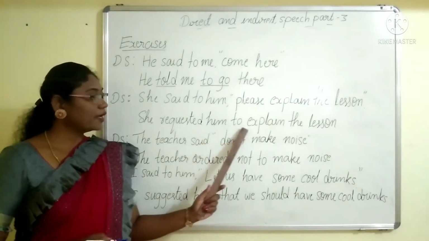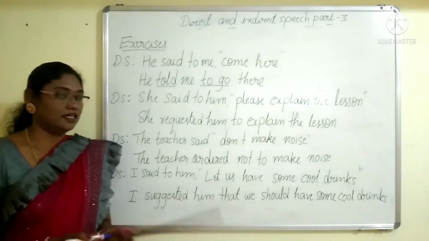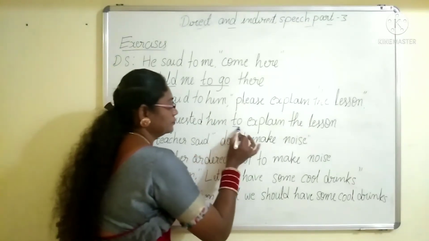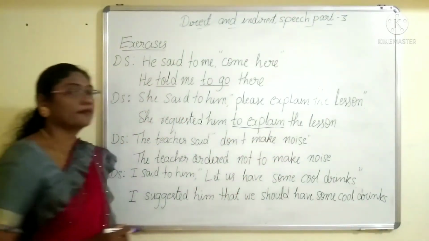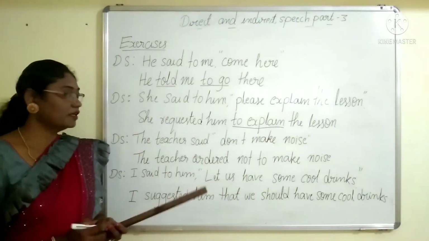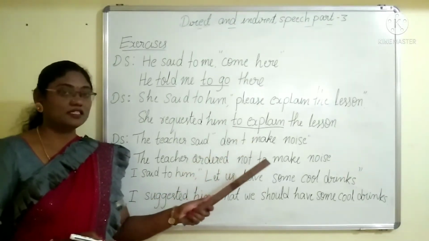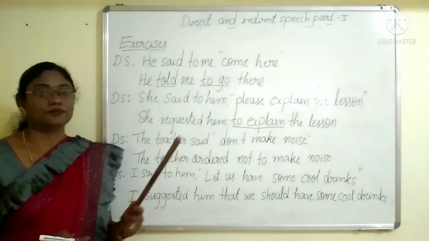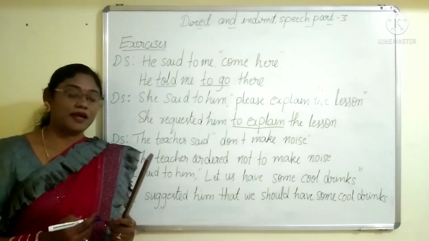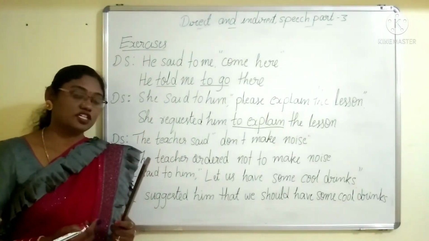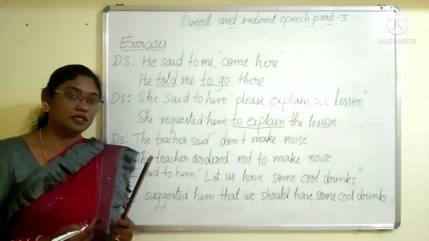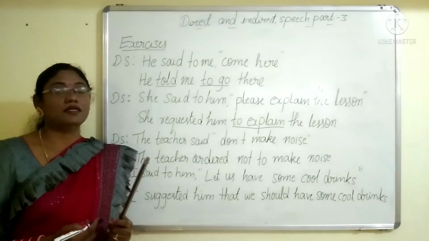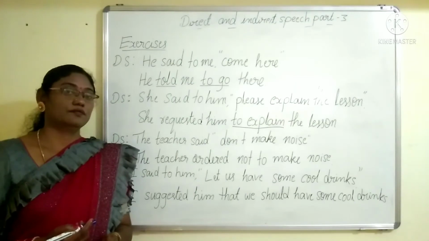Then to explain the lesson, the infinitive. Okay, the infinitive "to explain" is used here. The lesson. So very simple. When commands and requests and instructions come in sentences, you just simply write to plus infinitive.